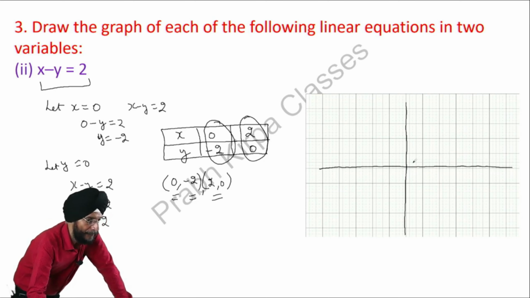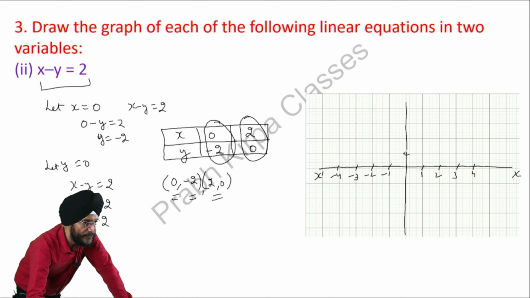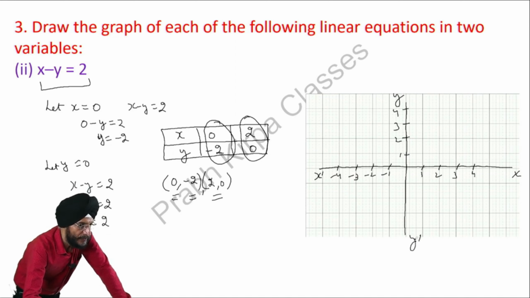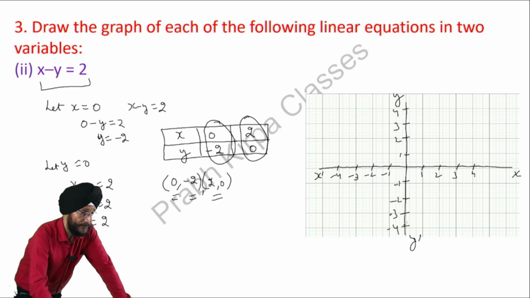So now what will happen? We will see. 1, 2, 3, 4. Minus 1, minus 2, minus 3, minus 4. 1, 2, 3, 4, minus 1, minus 2, minus 3, minus 4. Now what is the first solution?